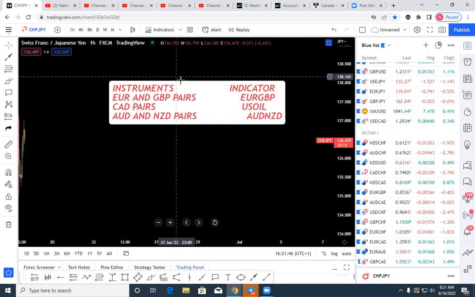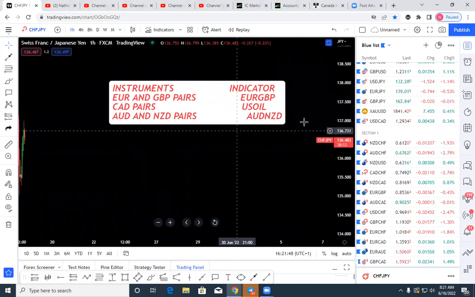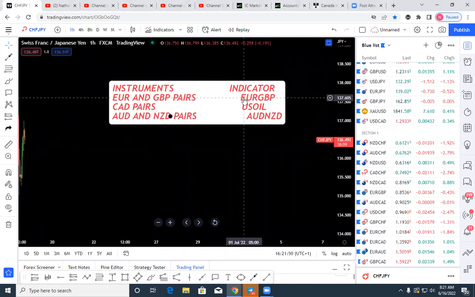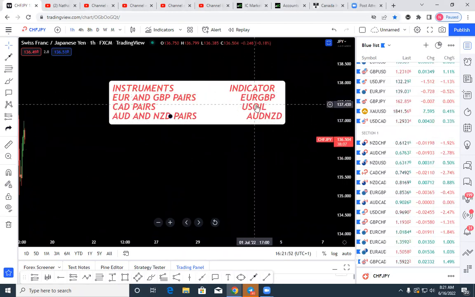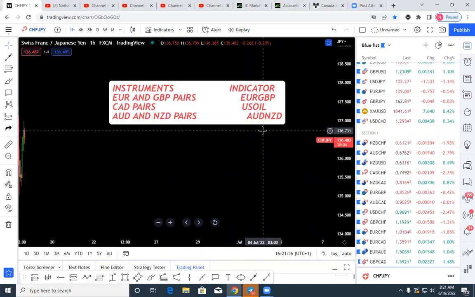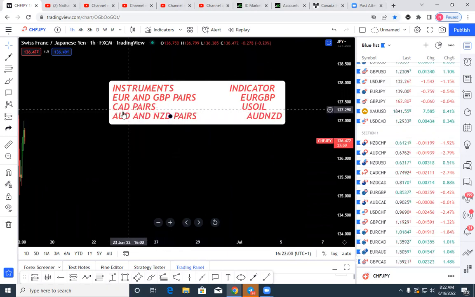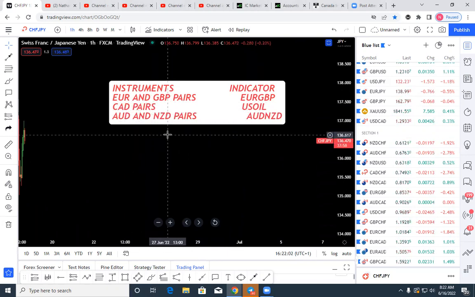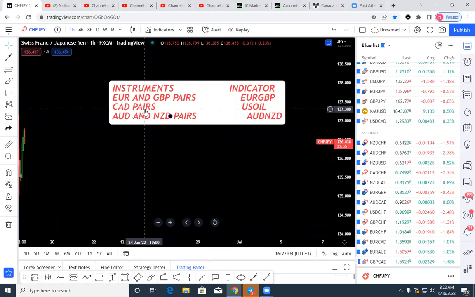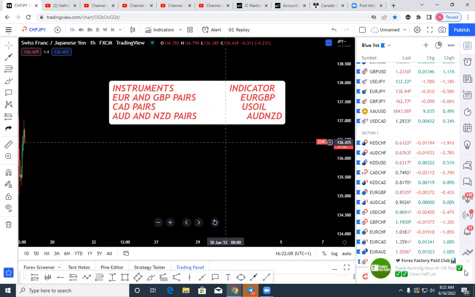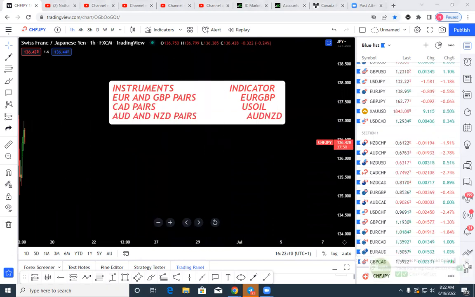So I have some pair that I have a certain indicator or certain instruments. I check their behaviors in order for me to forecast appropriately the directions they will go, and not only the directions they will go, I will also get the right time to get in, as much as you can get the setup perfectly right on the indicator.